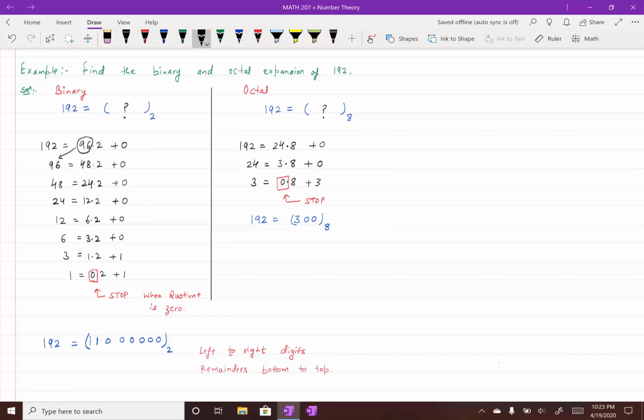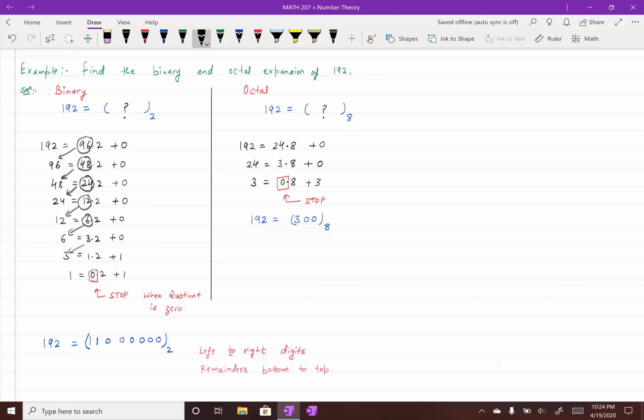And again, 48 can be written as 24 times 2 plus 0. Then 24 can be written as 12 times 2 plus 0. Keep doing the same thing, then the quotient 12 can be written as 6 times 2 plus 0. Then the quotient 6 can be written as 3 times 2 plus 0.